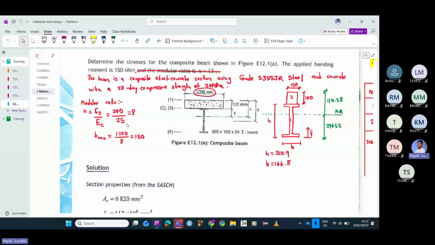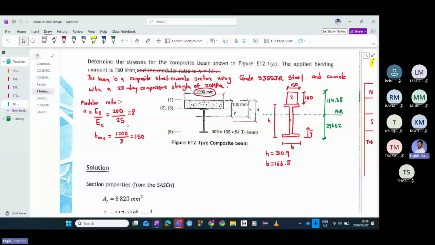We said you need to use a grade S355JR steel with a concrete with a 28-day compressive strength of 20 MPa. The beam is subjected to a bending moment of 150 kilonewton meters. So that's the statement that we gave, and then obviously the beam cross section is given this way.